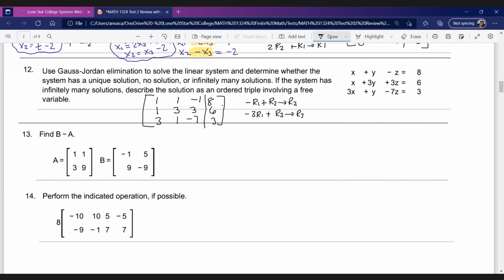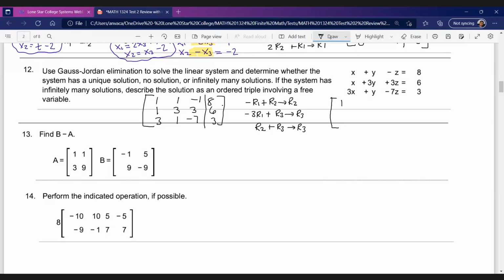And then after performing row 2 plus row 3, that's our new row 3, it turns out that this augmented matrix now looks like this.